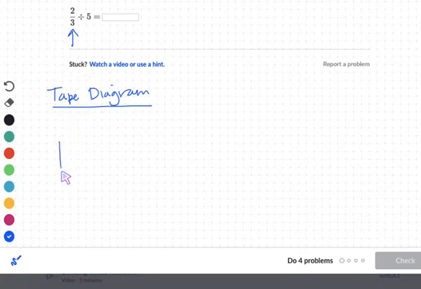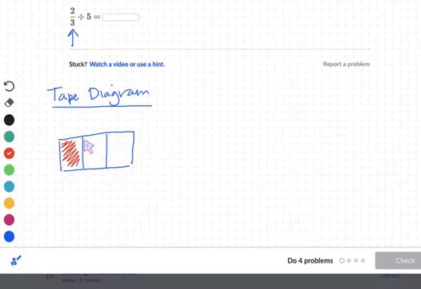So I have 2/3 of a trail mix. So it's 2 out of 3 parts. That means I need to draw 3 parts. To draw 3 parts, I only need to draw 2 lines so that it divides into 1, 2, and 3 parts. To shade that in, I'm going to use a different color. I'm only shading in 2 out of the 3. So there's my 2/3.